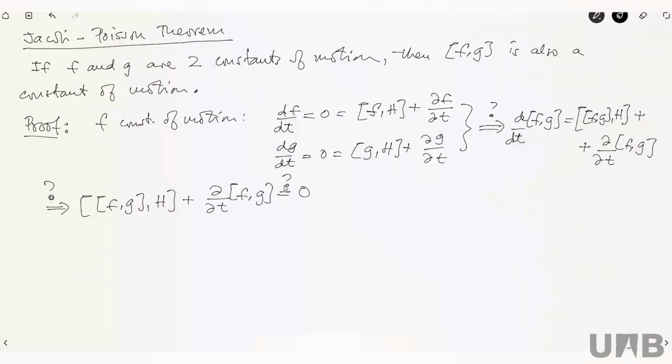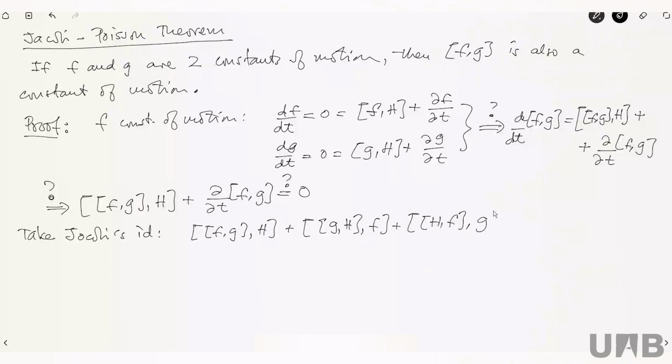Okay, so now take Jacobi's identity. Jacobi's identity says that the Poisson bracket of f and g plus all the cyclic permutations, so that means g with h and now f, and h with f and now g, is identically 0.